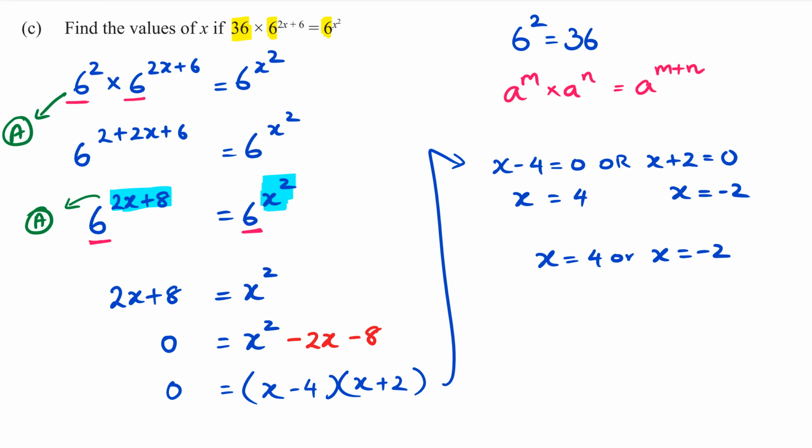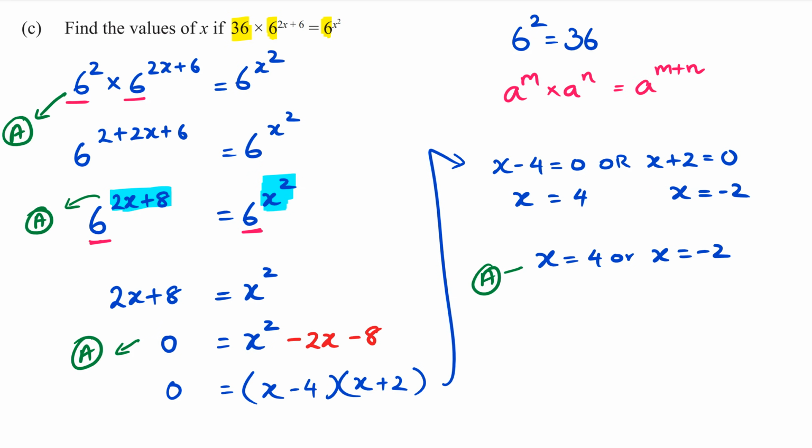Consistently generates a quadratic equation from the powers. Again, let's say you make a mistake but you end up with a quadratic equation, you could get an Achieved. And even if it's the wrong quadratic equation and you get the wrong solutions here, you could get an Achieved. Consistently calculates correct values of x from the quadratic. I apologize, it's a lot to take in in terms of what you could get Achieved for.